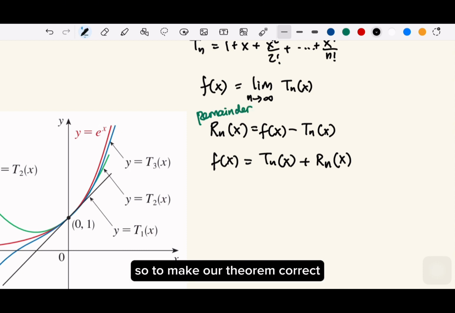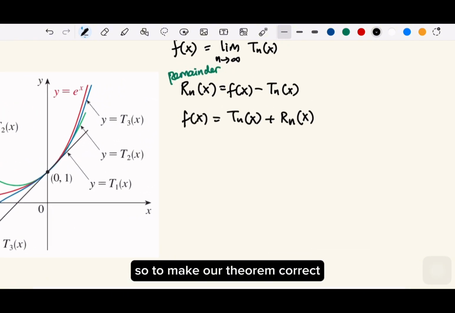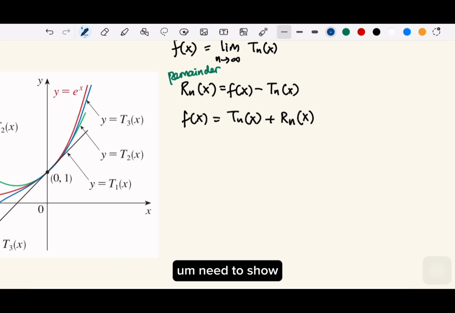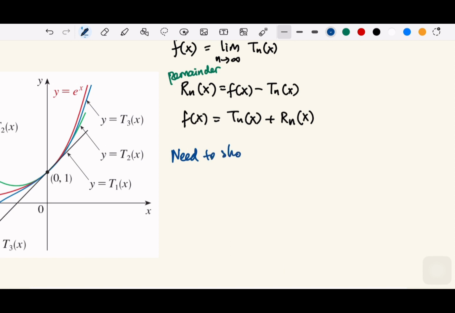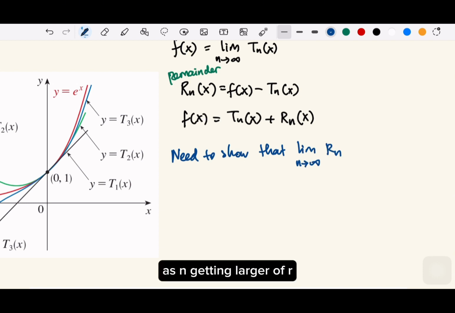So to make our theorem correct, or if we want to confirm that, we need to show that the limit as n gets larger of R is equal to 0.